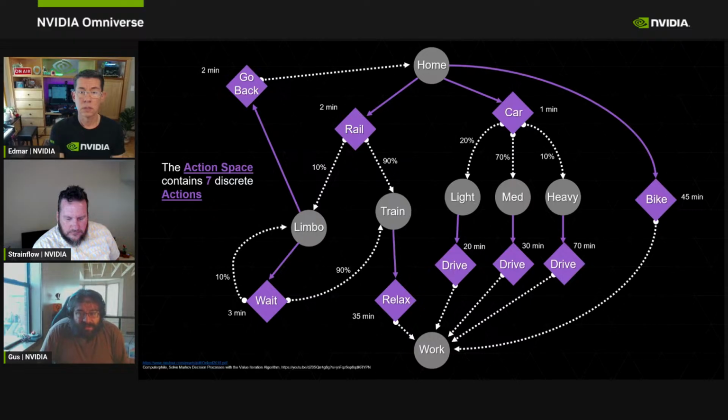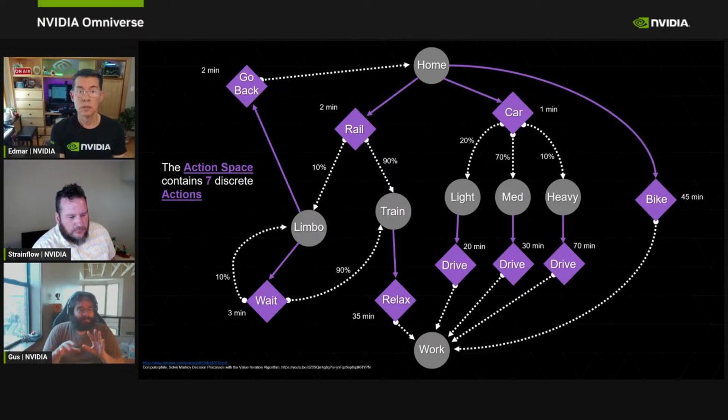Now, our actions, we also have 7 actions. And even though we take the drive action multiple times, it's a unique action that's just being taken in different states. So our action space also only has 7. And you'll notice that the actions are associated with these diamond-shaped nodes instead of circular-shaped nodes.